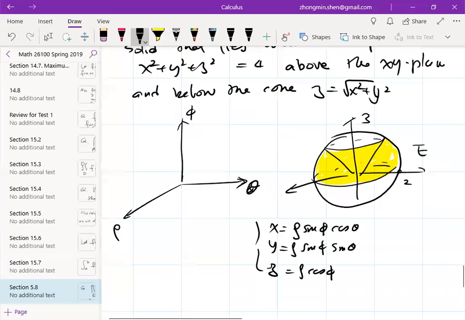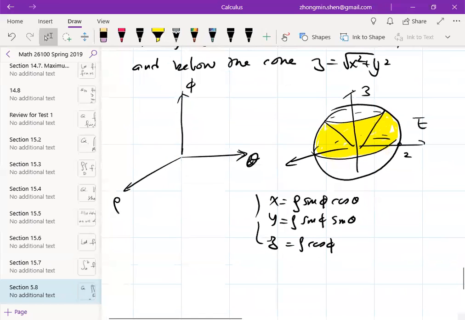Okay, so we have to determine the pre-image of that solid, and then transfer the integral. You see, the volume is just a triple integral over E of dV, right? The constant 1 over that E gives the volume.